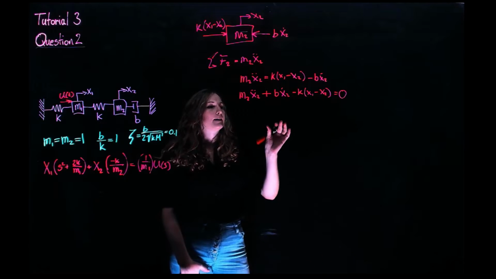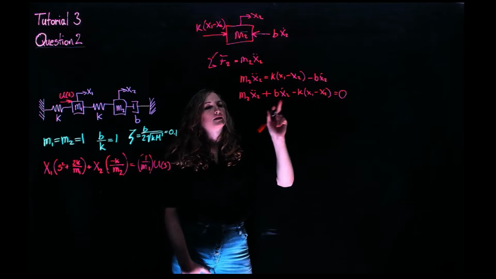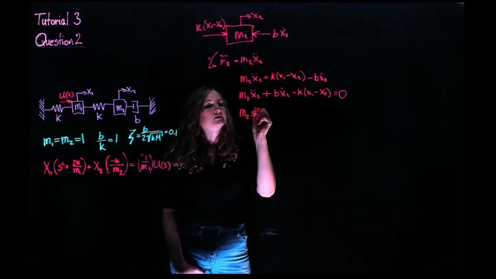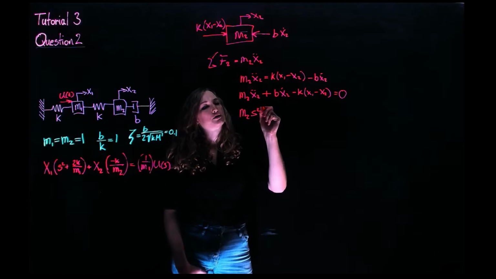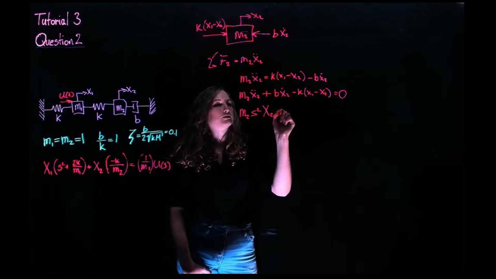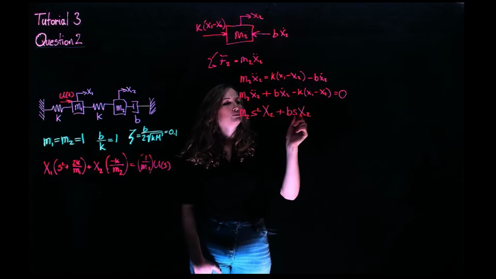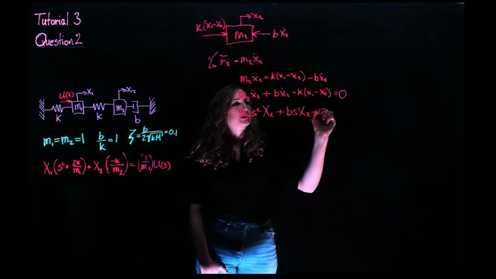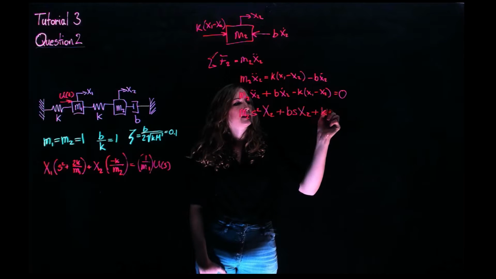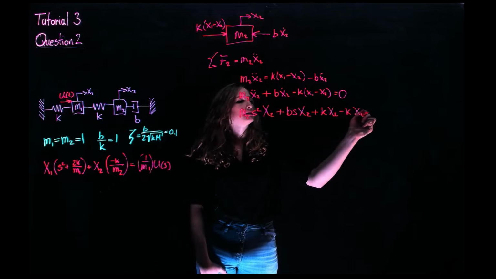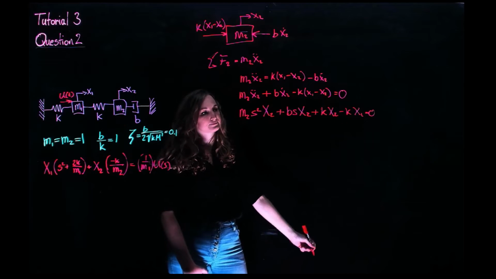Okay. I'm going to expand this and also take the Laplace in one step. So we get m2 s squared x2, again assuming initial conditions are 0, plus b s x2 plus k x2 minus k x1 is equal to 0.